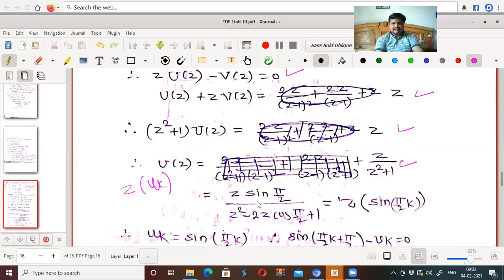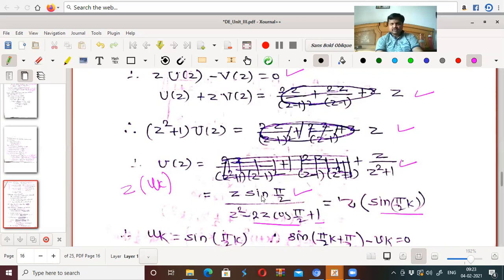Can I write this as z into sin pi by 2 upon z square minus 2z cos pi by 2 plus 1, because sin pi by 2 is 1, cos pi by 2 is 0. So you are transforming this into the z transform of sin pi by 2k.